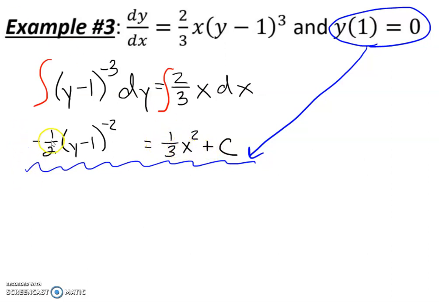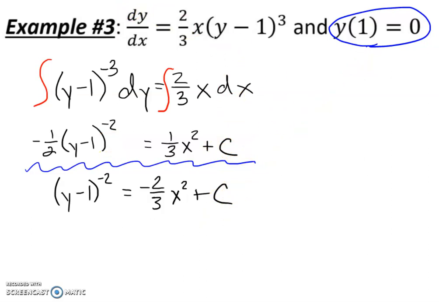Actually, why don't we do that? Let's multiply both sides by negative 2. This gives us y minus 1 to the negative 2 is equal to negative 2/3 x squared. And I'm still just going to write plus c. When you multiply an unknown constant by a number, it's still just an unknown constant.